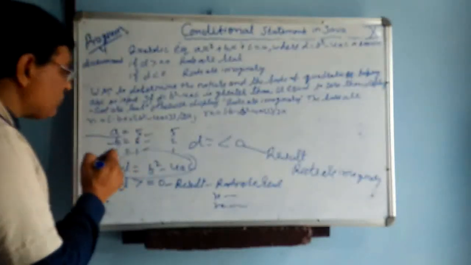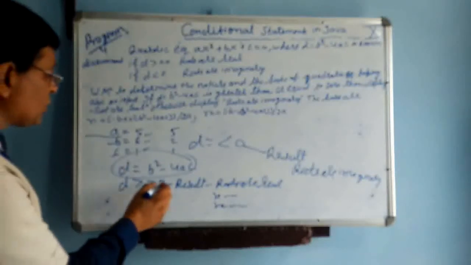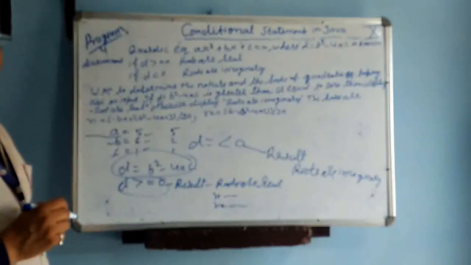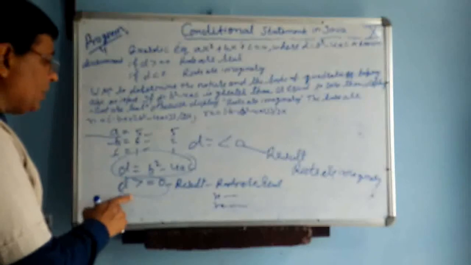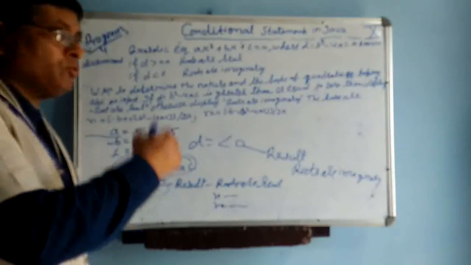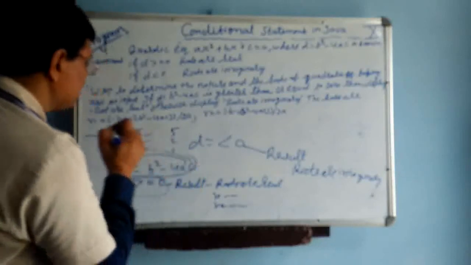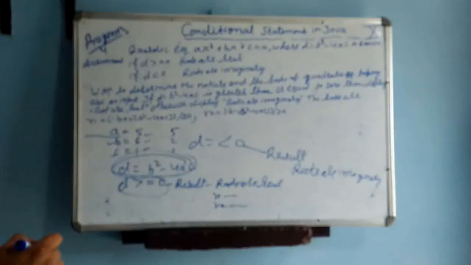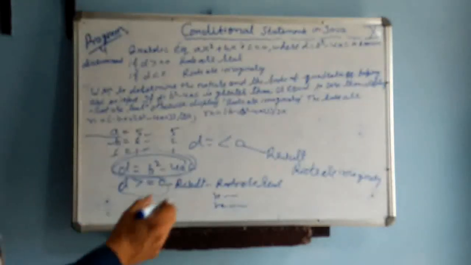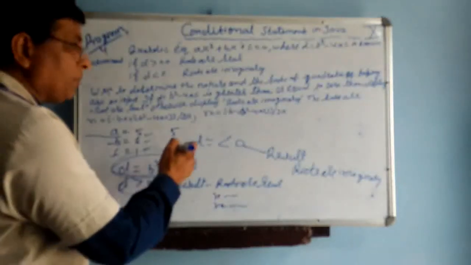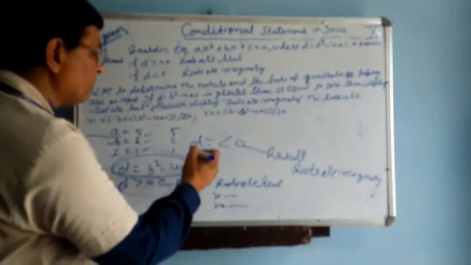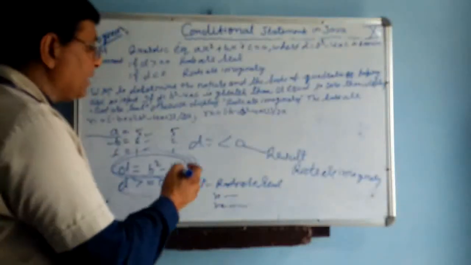Then after that we have to give the condition. If d is greater than or equal to 0, then we will follow this formula by using a Java expression: d is equal to b multiply b minus 4 multiply a multiply c.